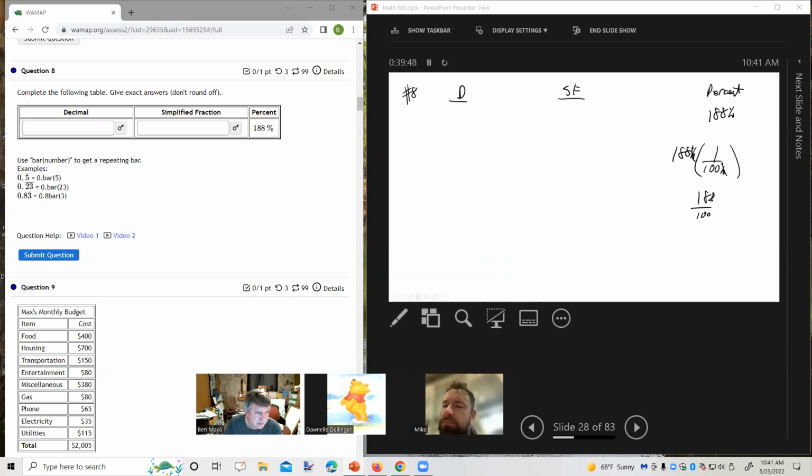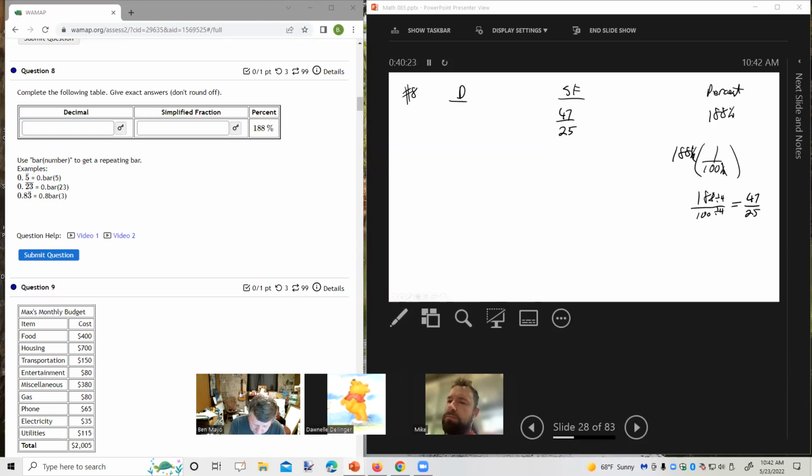As a simplified fraction, I could reduce that by 4. If I take 188 divided by 4, I get 47. If I take 100 divided by 4, I get 25. Now, it says a simplified fraction, not a mixed number, okay? 47's prime, that doesn't reduce any further, so this is 47 over 25.